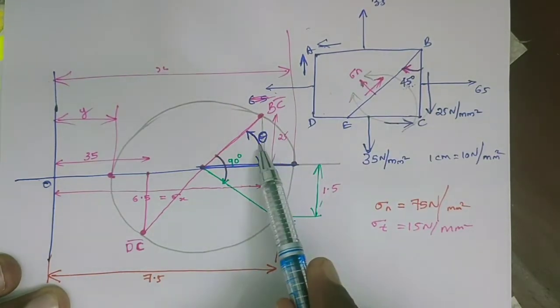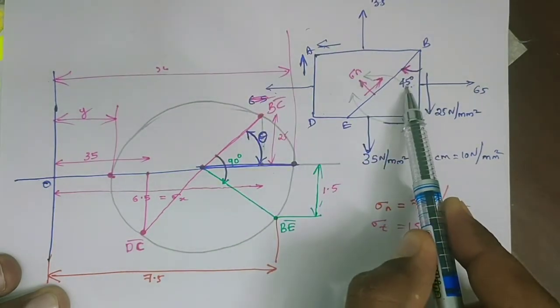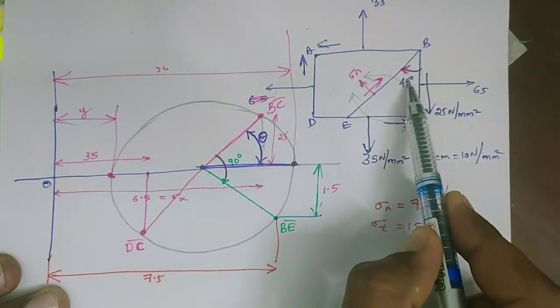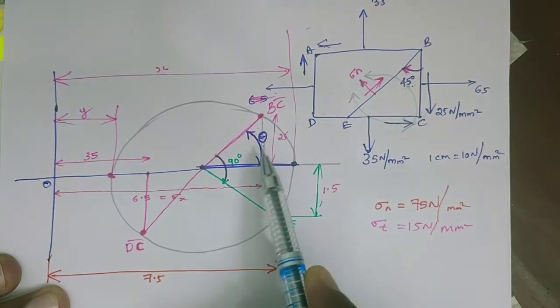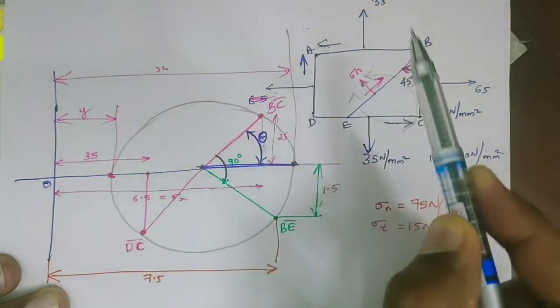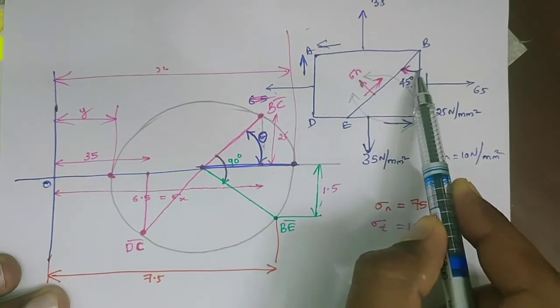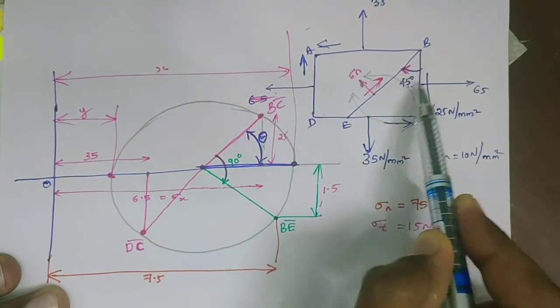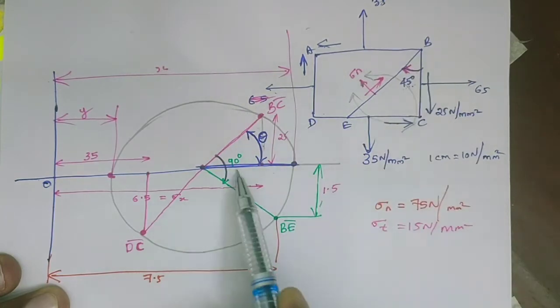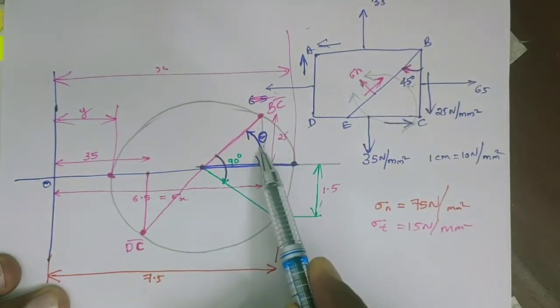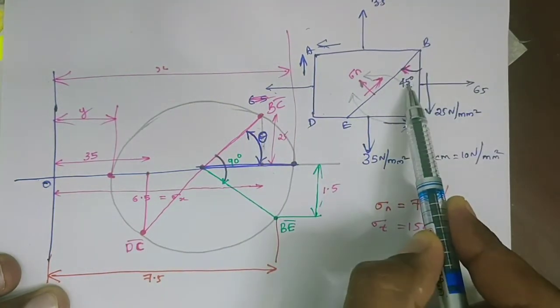So if you take any angle from the Mohr circle, we should take the half of that angle here, because what we take from here is doubled here.